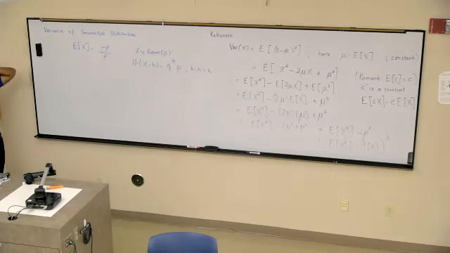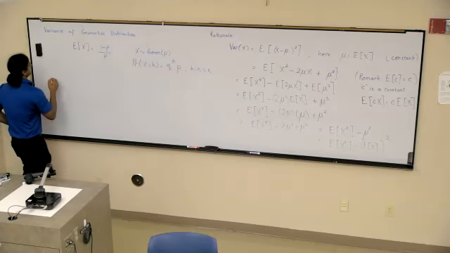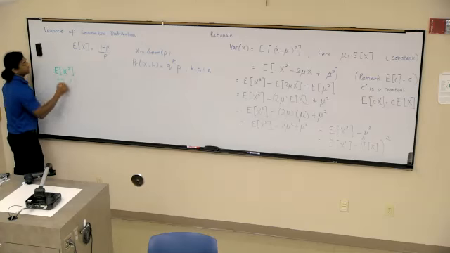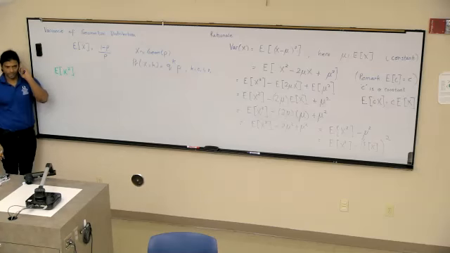Right, that's how we define the geometric distribution. So now we've got to find the variance. In order to find the variance, I've got to find expectation of x squared.